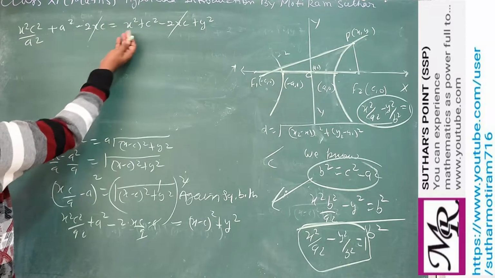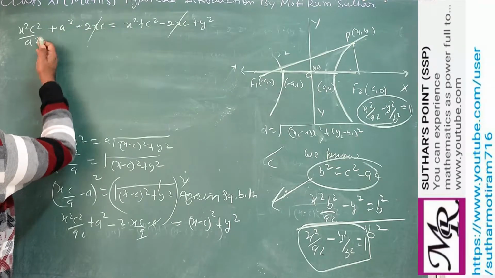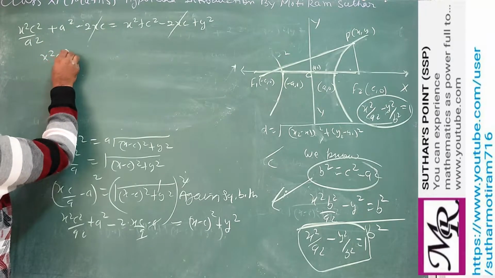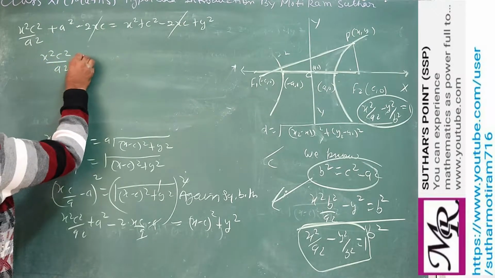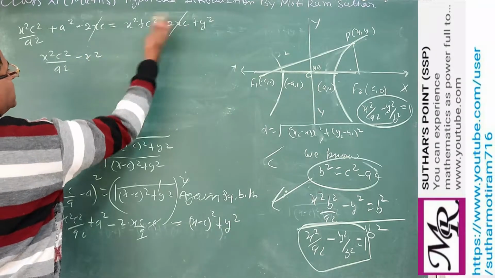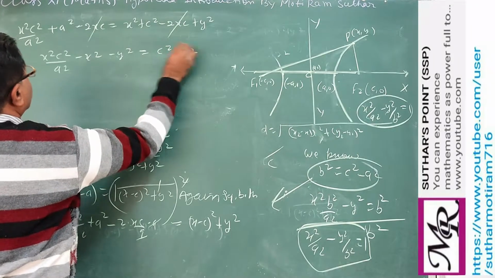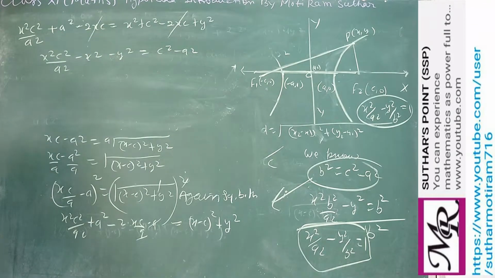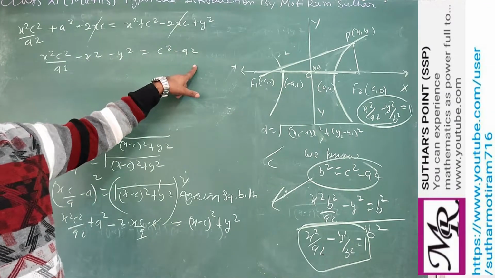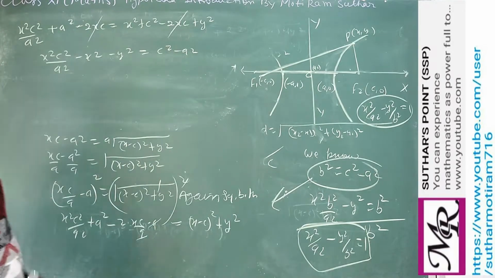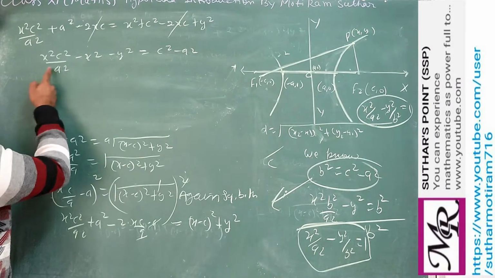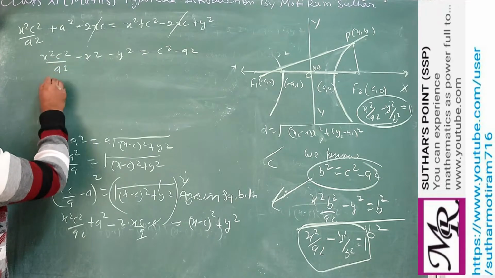So now we can set each term on its side, the variable terms. So x square c square upon a square minus x square, and y square transferred to this side, minus y square. The constant terms transfer to the right hand side, so we get a square minus c square minus a square. Now in the two terms we take x square as common.